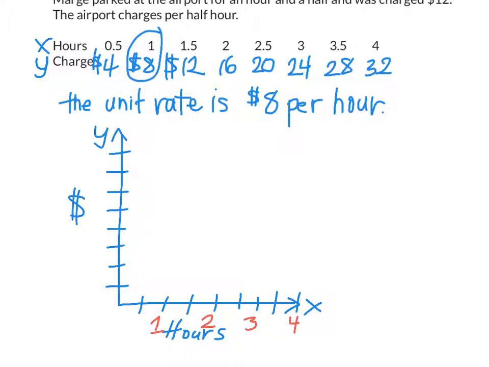And we don't have to label every single one again, so this would be 8, 16, 24, 32, and then we graph them. My sketching is not great.